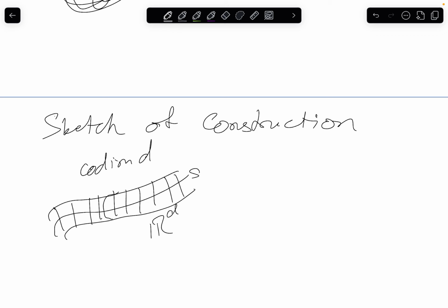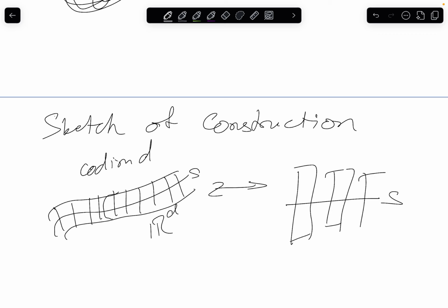Yeah, so we can translate our problem into this problem: you have your submanifold S, and you have some planes perpendicular to this, and in each of these planes, you just want to find something which integrates to 1 on each fiber.